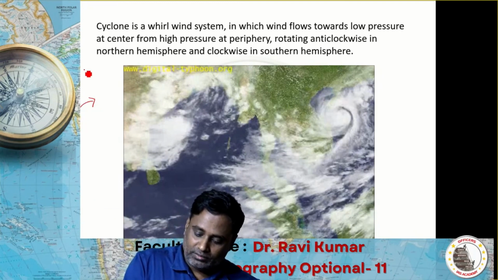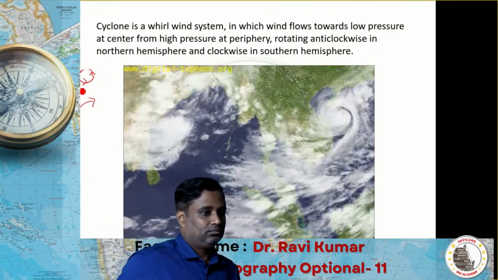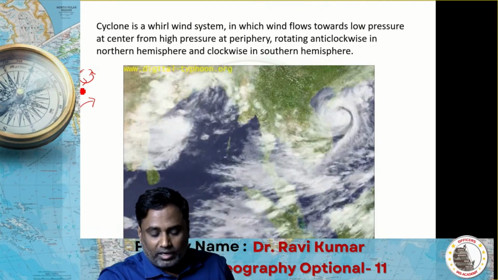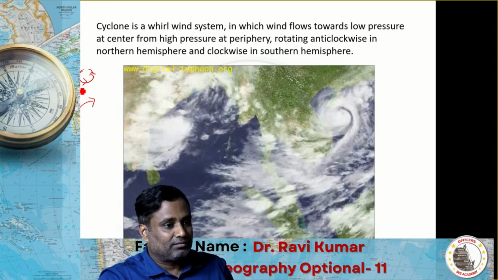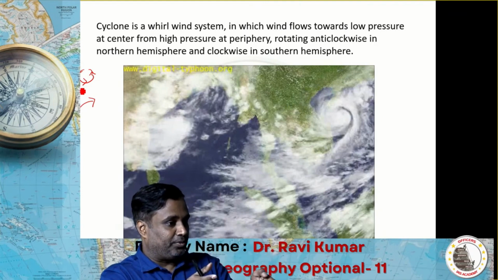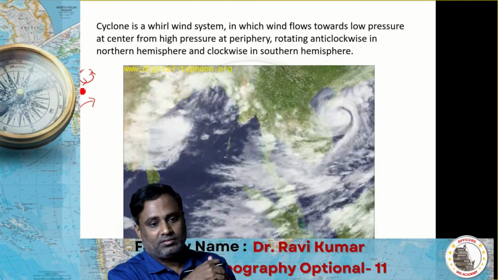But cyclone rotates anti-clockwise in the northern hemisphere. How is it possible? We are not talking about liquid and solid, we are talking about air. Wind system turns towards the right in the northern hemisphere, but cyclone rotates anti-clockwise. Then how is it possible?